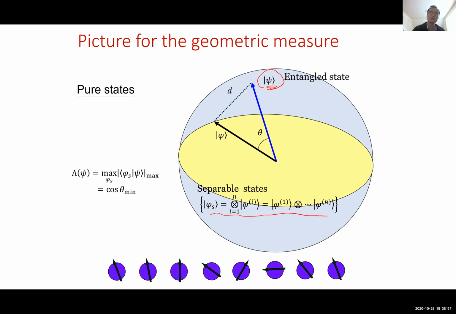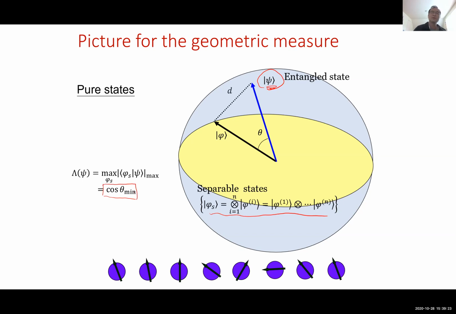It's very similar to the previous picture, but only considers pure states, and in this way it's easy to do the search. I want to minimize the distance, which is equivalent to maximizing the overlap. The overlap determines the entanglement.